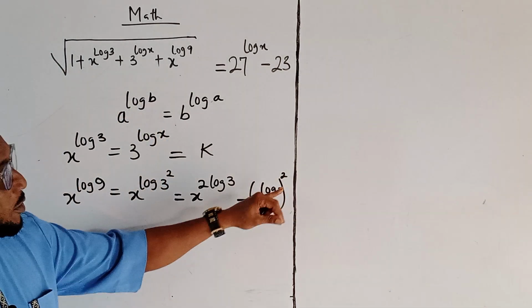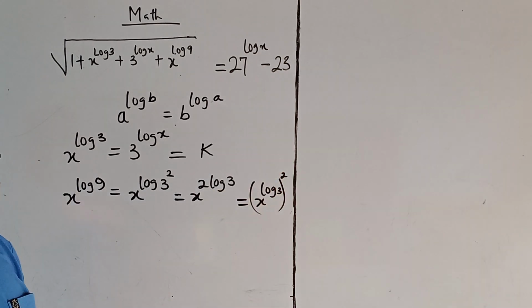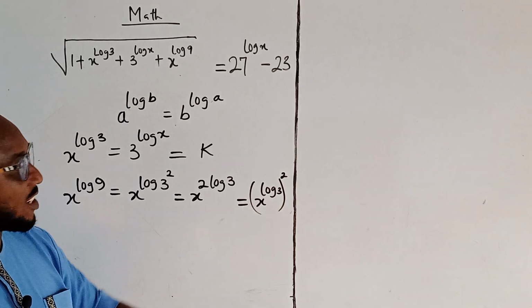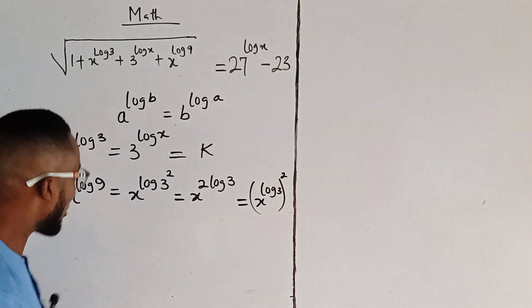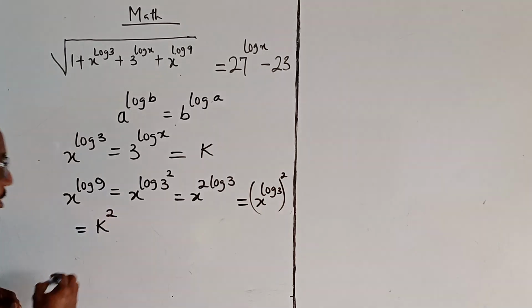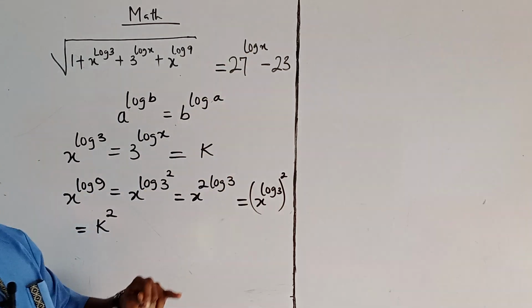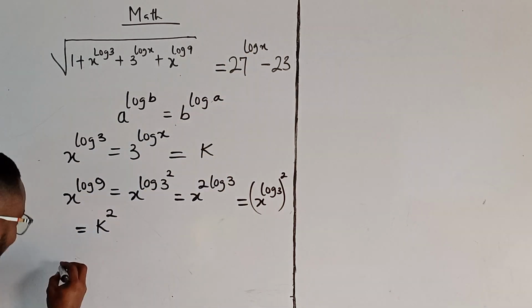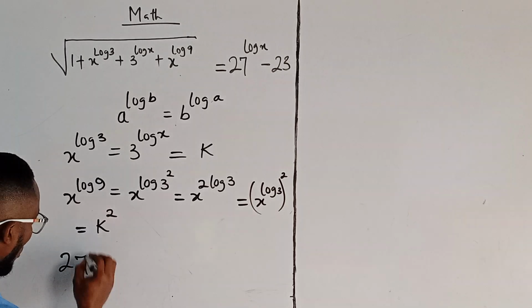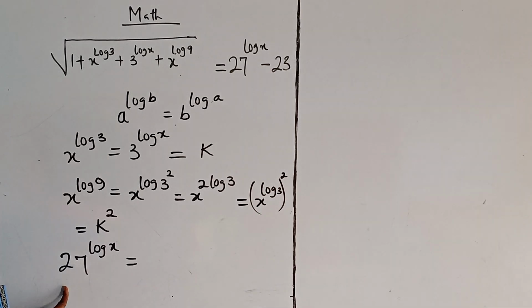No harm, no foul. When a power is raised to another power, we multiply the powers together. So 2 multiplied by log 3 is 2 log 3. So I am going to say this is equal to k squared. Then on the right hand side, I have 27 power log x. 27 is actually a perfect cube. That is 3 cubed.